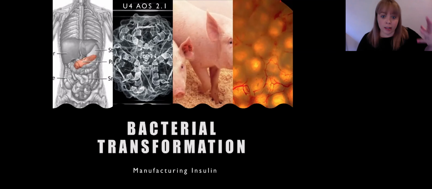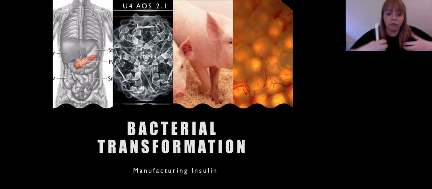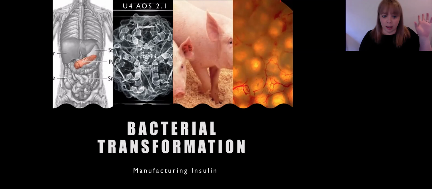So insulin links in with a lot of different parts of the course, and now it's going to link in with our biotechnology. This is one of the very first types of genetic engineering that we've done as a society, and it's been used since the 80s. We're very comfortable with it, and it's where we manufacture a lot of the insulin that diabetics require.